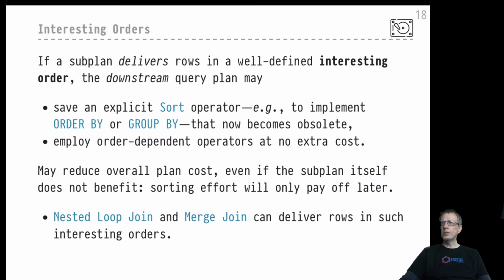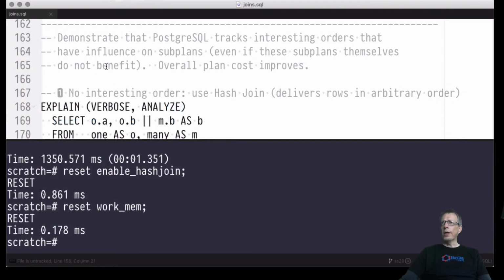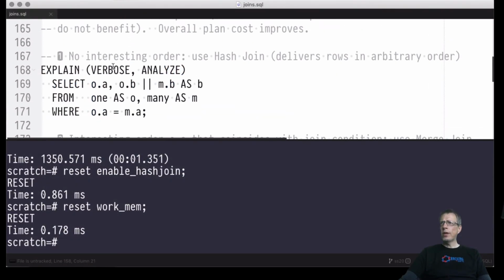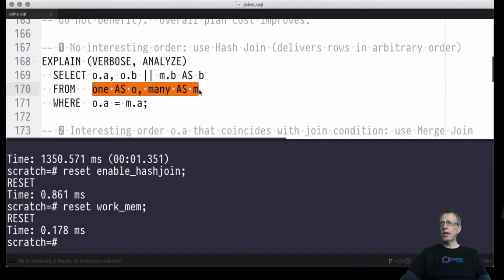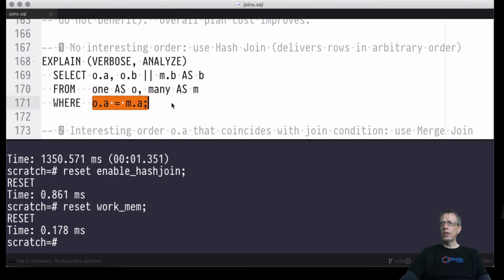So let's see one final example in this video. Here's a query that is, again, an equijoin situation. It's an equijoin on this one and many table, and as you can see, it's based on the A columns of both tables.